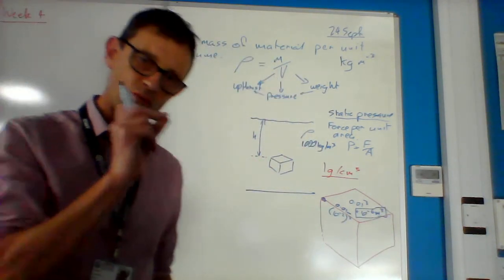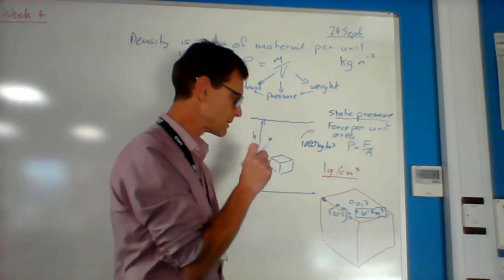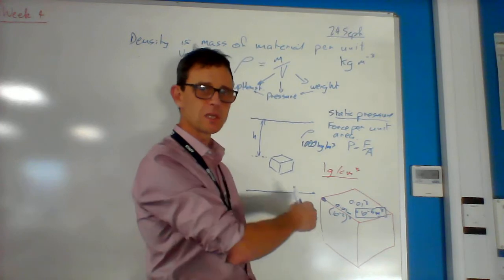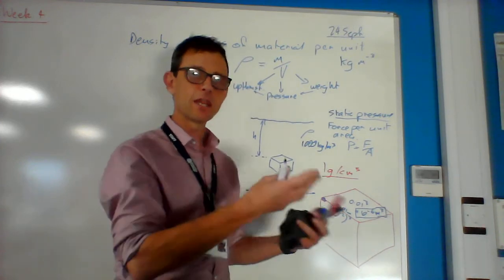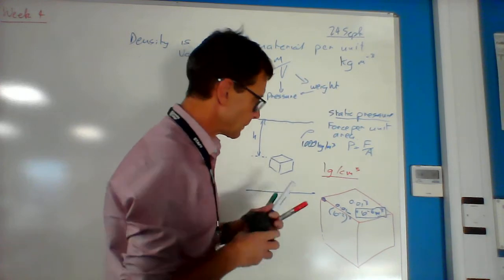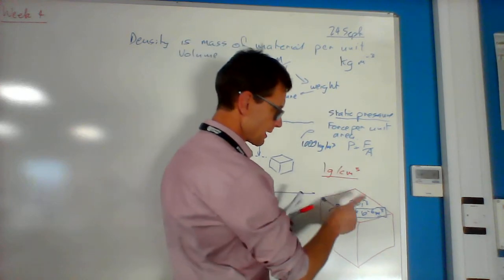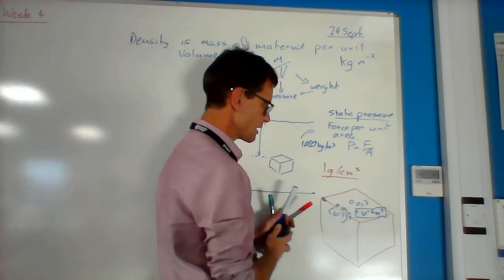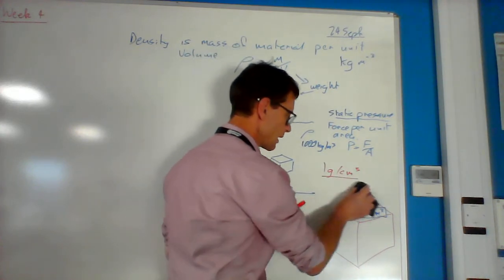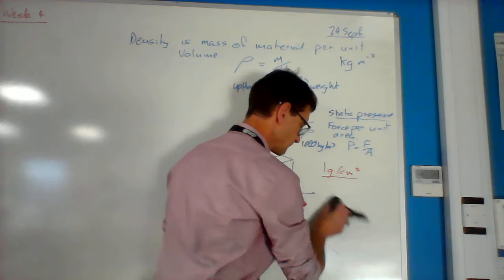Okay, really common mistake to avoid. Just convert it into metres or into the appropriate unit and then stick it into your equation and do the maths. So let's just go back to that. So that's 1 million of these. So if I had 1 million centimetres cubed, well, I'm going to have 1 million grams.